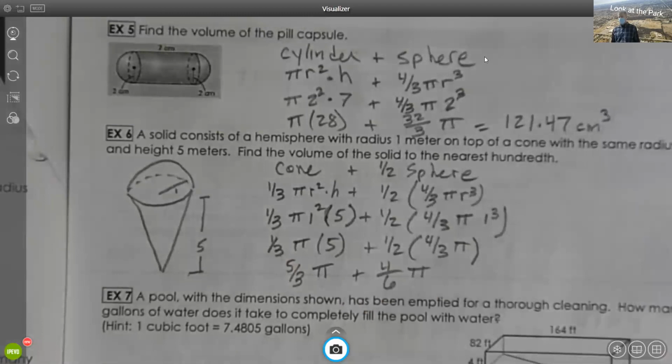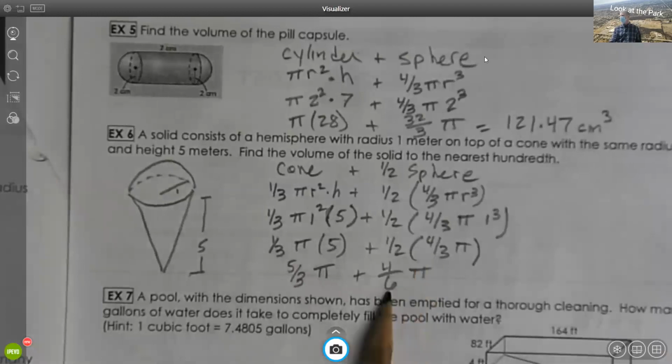You're doing a good job. That 4/3, when we cut it in half, we got 4/6. That can actually reduce, because the 4 and the 6 are reducible. So you could call that 2/3.